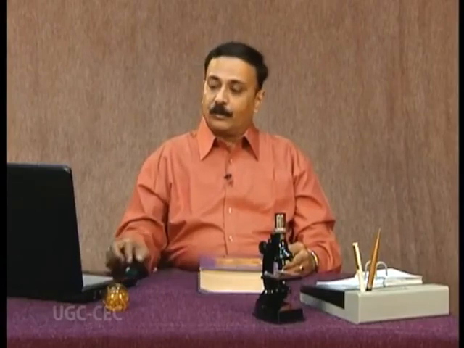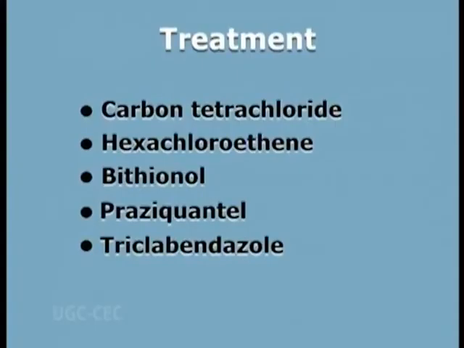Now, how can we save the host from the acute infection of the liver fluke? Please look at the chart. We can give different treatments to the host, or sheep, by giving different medicines, like carbon tetrachloride, hexachlorophene, bithionol, praziquantel and triclabendazole.